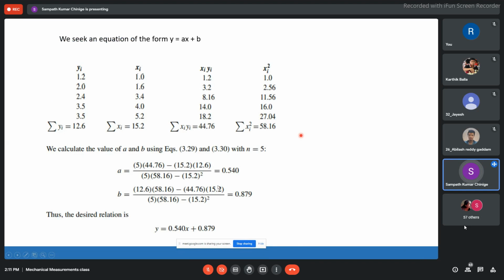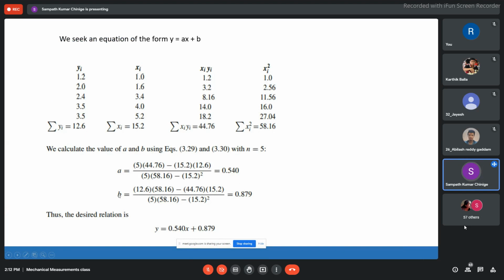Now we will find the number of values: 1, 2, 3, 4, 5. N is 5. So n into sigma xi yi, 44.6, minus sigma xi, that is 15.2, into sigma yi, 12.6, divided by n into sigma xi square minus sigma xi whole square, minus 15.2 whole square, which is 0.54.